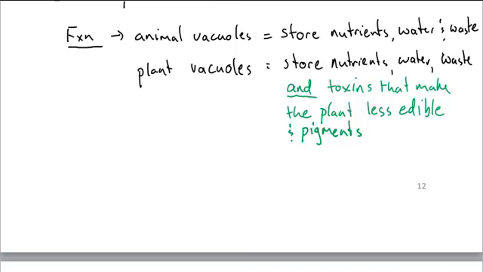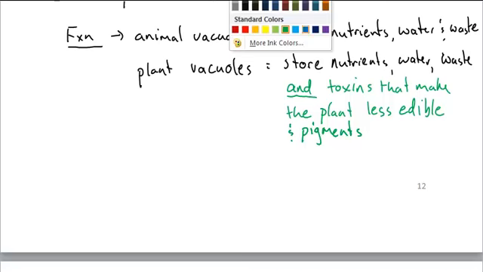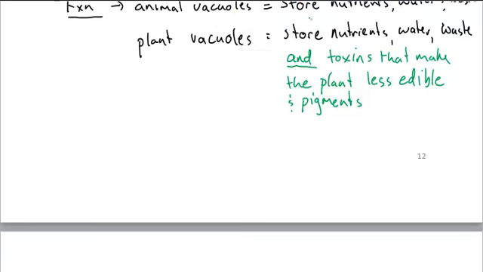So it's not very complicated what vacuoles do. They're pretty much a storage space, and they can be used to store a variety of items.